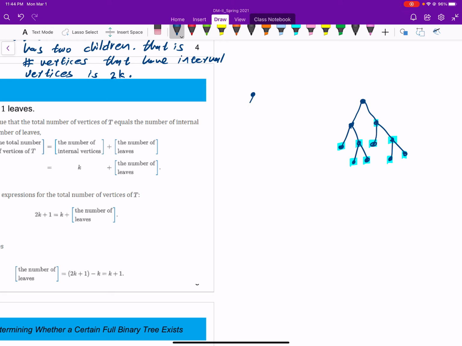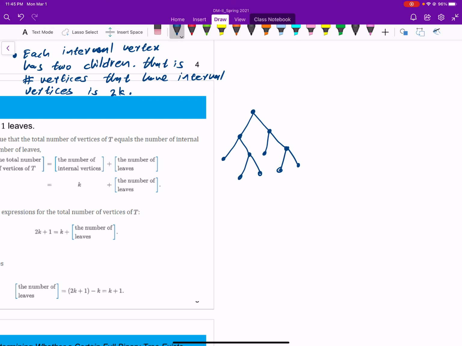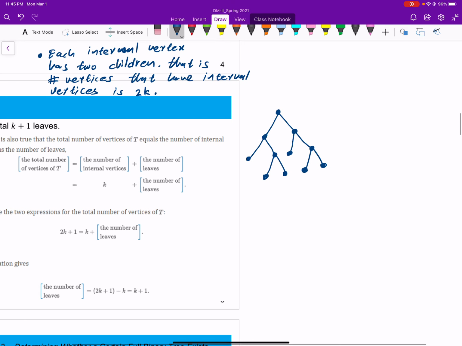One vertex here. 2 vertices there. Here I have the same tree.